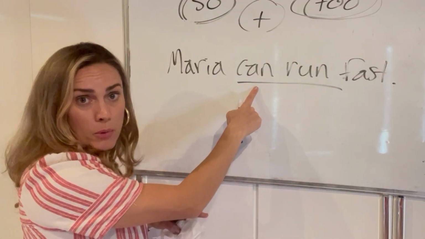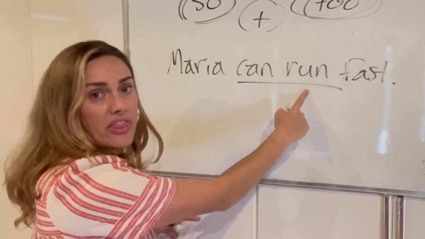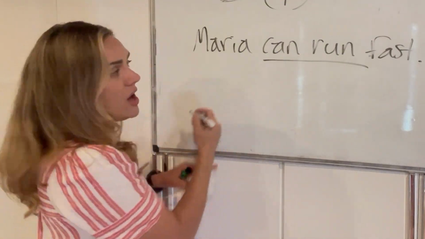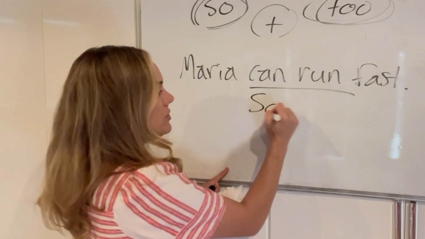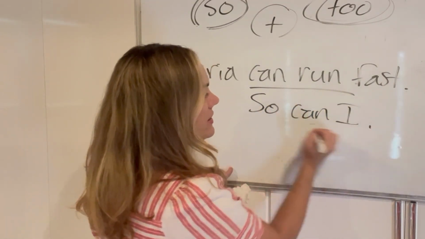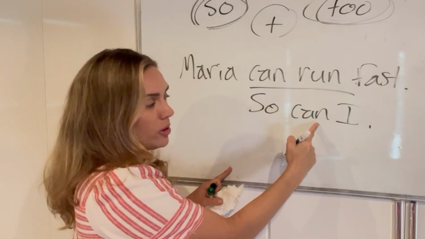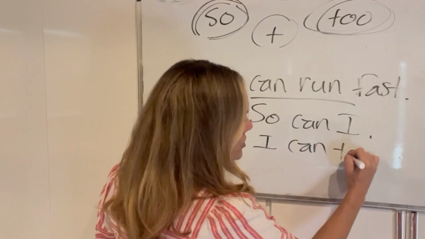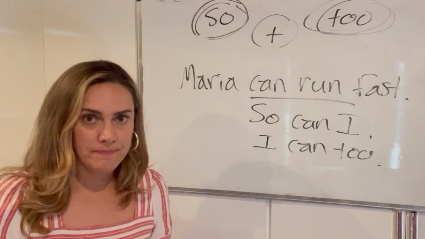So here we have a modal, which is a helping verb, and then the main verb. We want to show similarities, so we can say, oh, me too, right? Okay, Maria can run fast, so can I. So, helping verb, subject, or I can too, just like that.